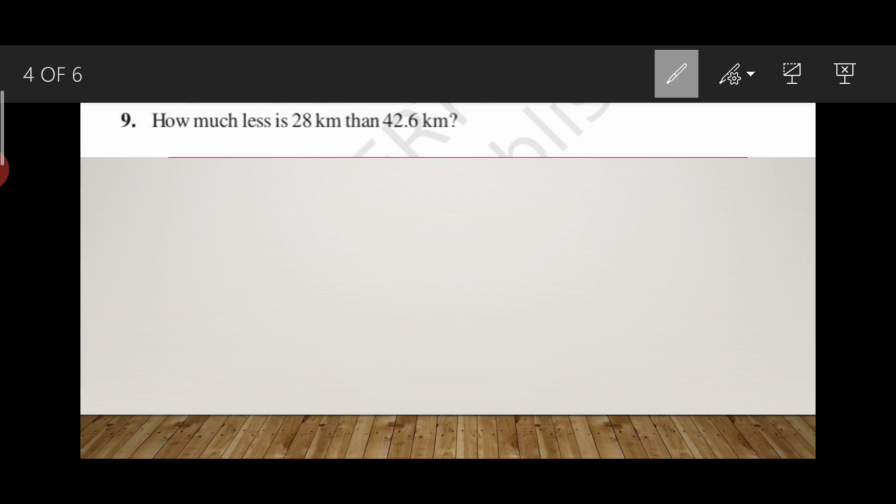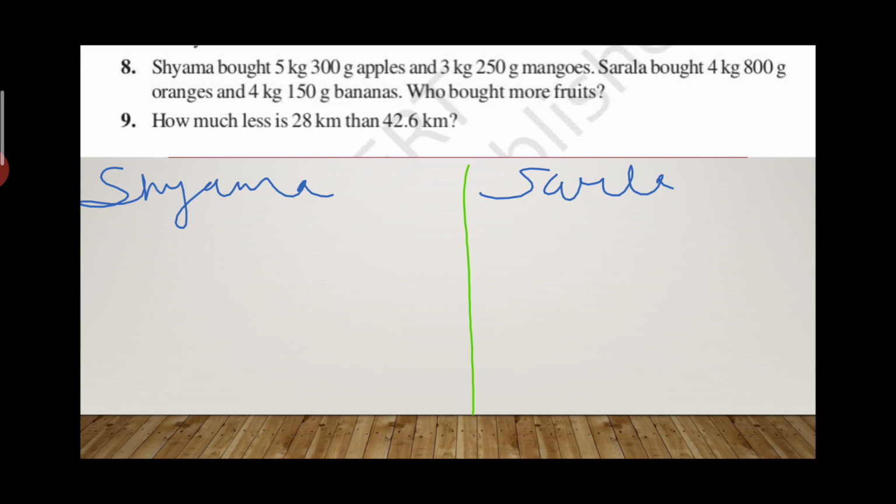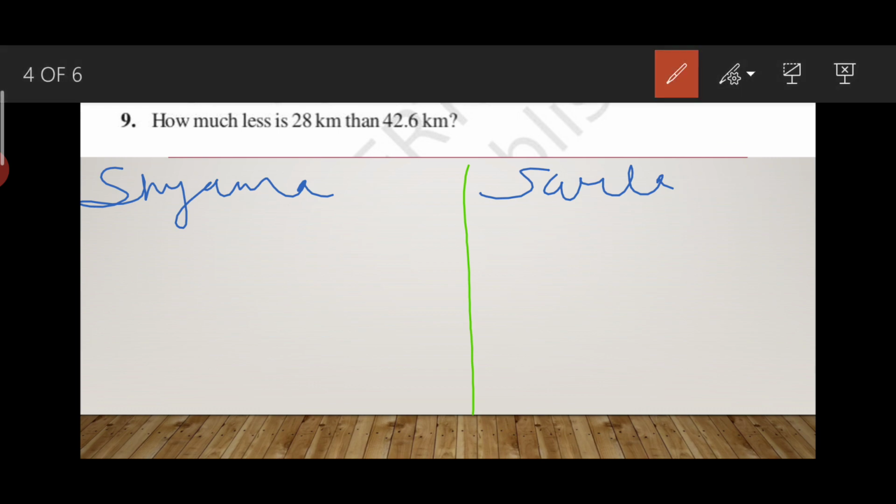Okay, so there are two girls. I am writing it here. Two girls, one is Shama and one is Sarla. Shama bought apple and mango. Sarla bought orange and banana.